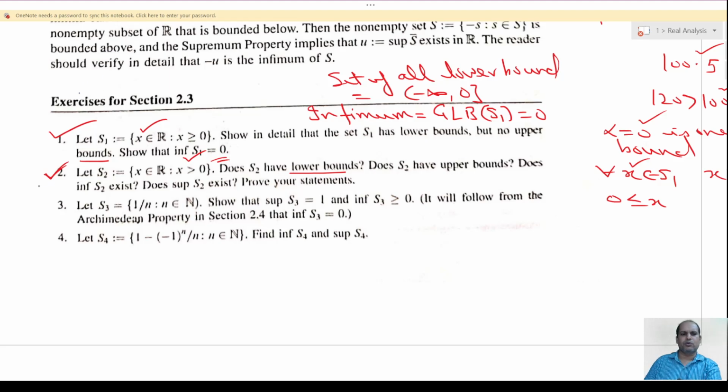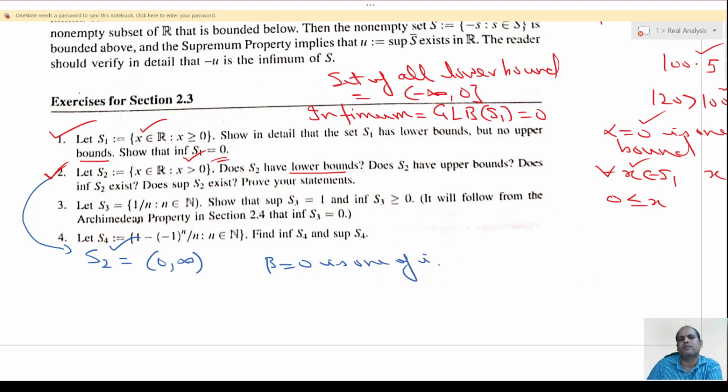Solution to question number 2. In set form, I can write S2 as the open interval 0 to infinity. So what about this set? Does S2 have a lower bound? Yes. Beta equal to 0 is one of its lower bounds.